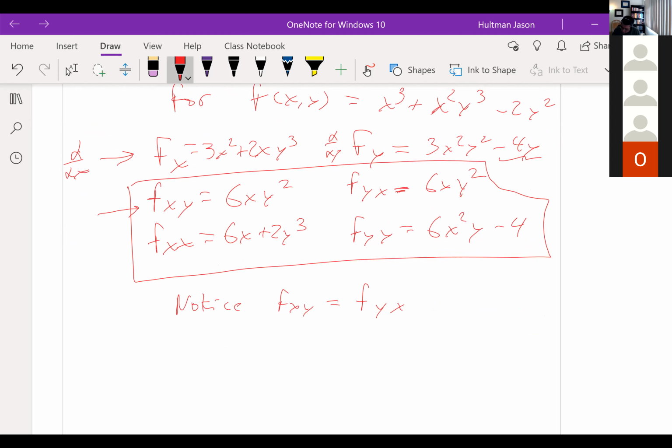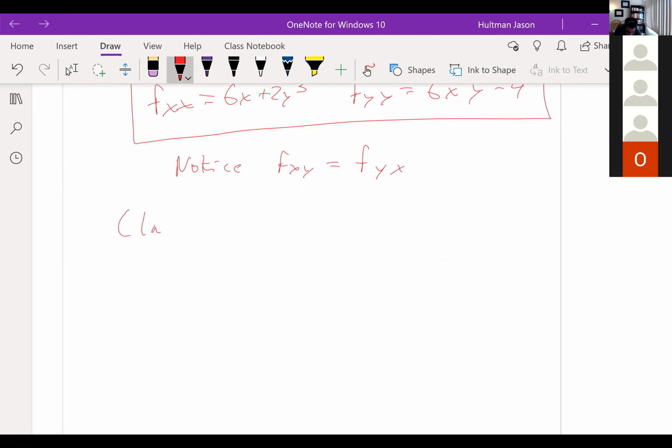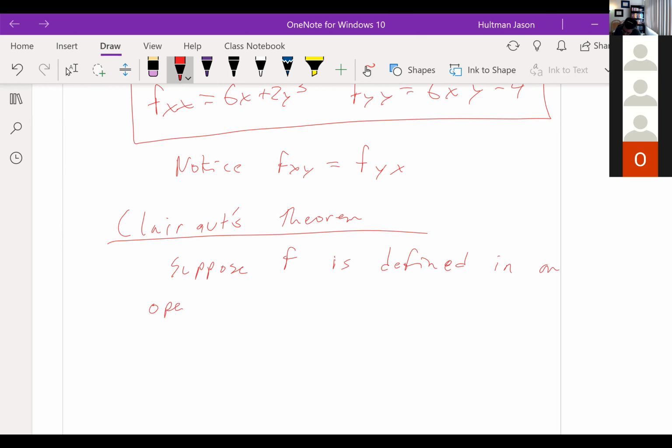Okay, so this is a theorem called Clairaut's theorem. Okay, and it says suppose f is defined in an open region.